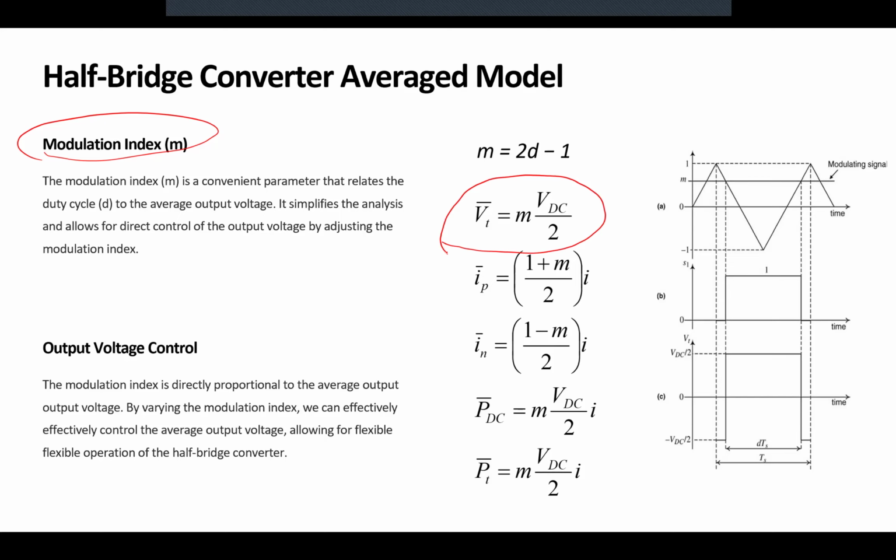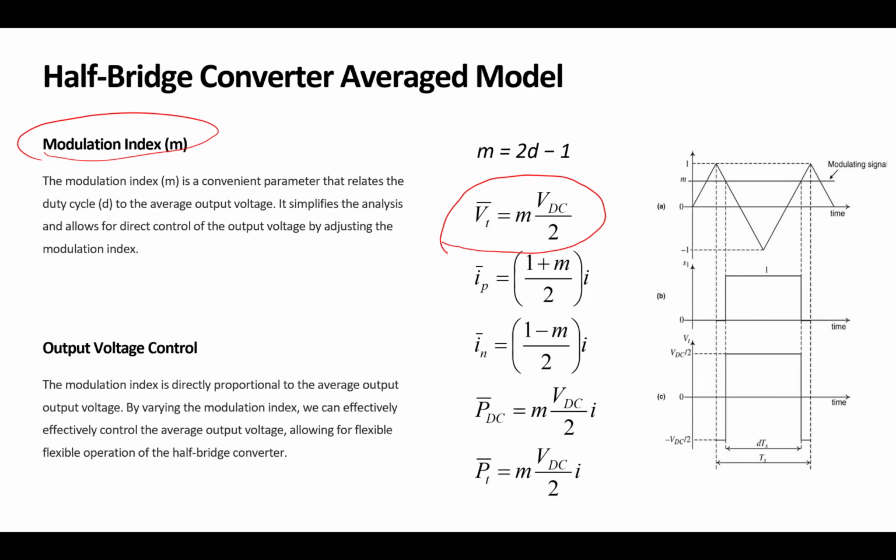Now, what is our terminal voltage? It was the output of our half bridge. Correct? What is the VDC over 2? The input of our half bridge. So what is the significance of M? A slope is true, but the right terminology would be the gain.